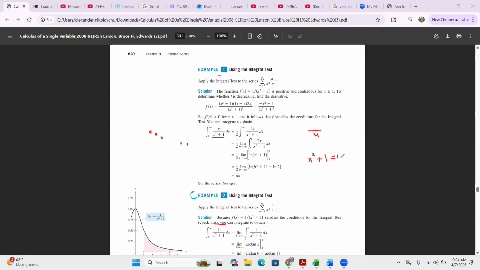So if you have the derivative, which is 2x, multiplied by dx, that's going to be du.